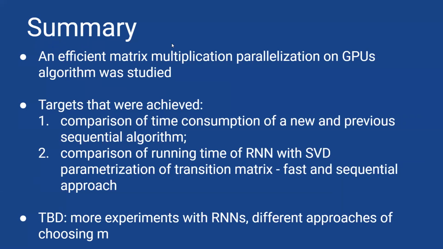We also studied the running time of an RNN with SVD parameterization of the transition matrix, with fast and sequential approaches. Also, FastH can be implemented for accelerating matrix operations like inverse or determinant, and we can also do more experiments with RNNs.